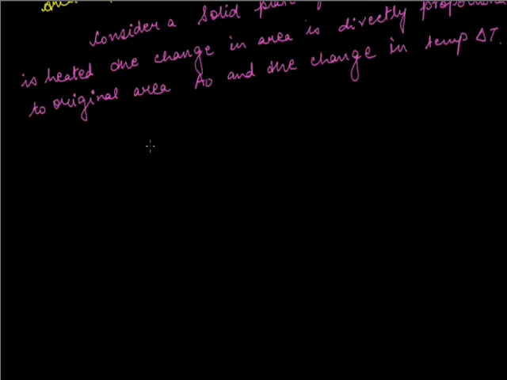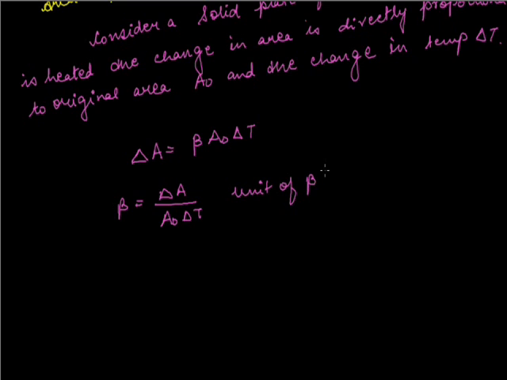If I write the expression for aerial expansion, it would be delta A is equal to beta A0 delta T. Here beta is equal to delta A upon A0 delta T. Unit of beta will be degree centigrade inverse or Kelvin inverse.